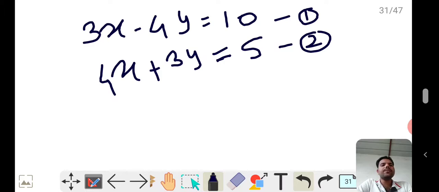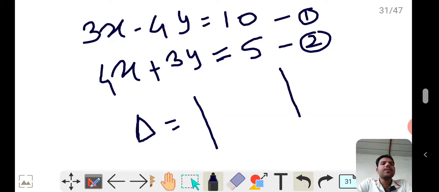So let's see. First we calculate the delta determinant. To write it, we take the determinant of the coefficients of variables x and y from both equations, omitting the constant terms.